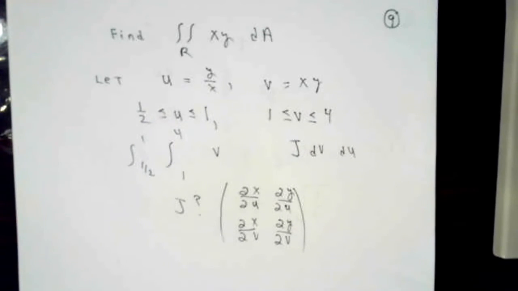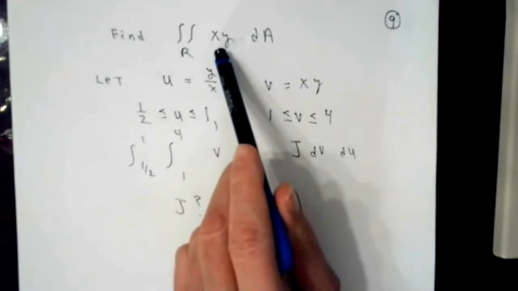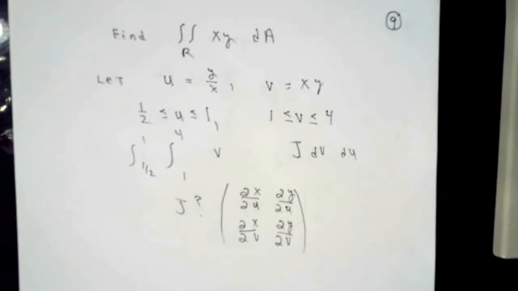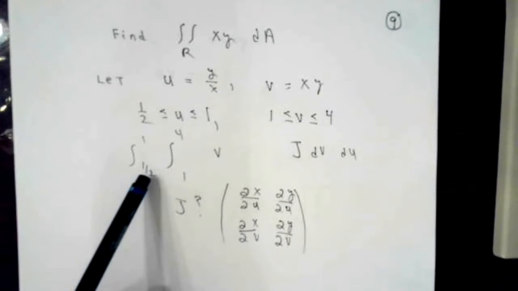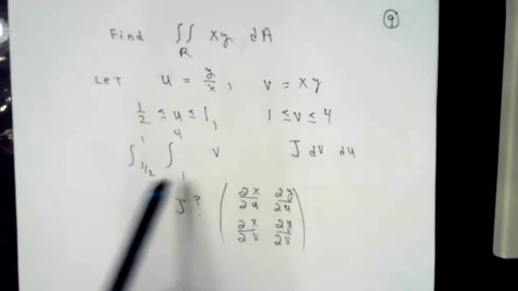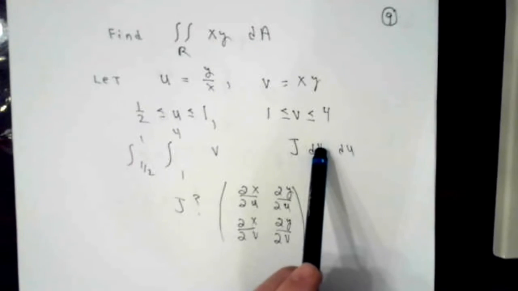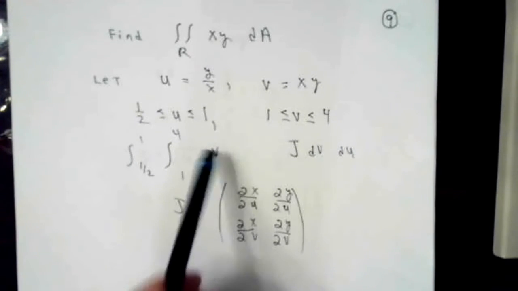The description of the region is now very simple in terms of these new variables. In fact, x times y is the thing that I'm integrating. So actually, I'm just integrating the v coordinate. I want to find the integral from 1/2 to 1 with respect to u of the integral from 1 to 4 with respect to v of v.